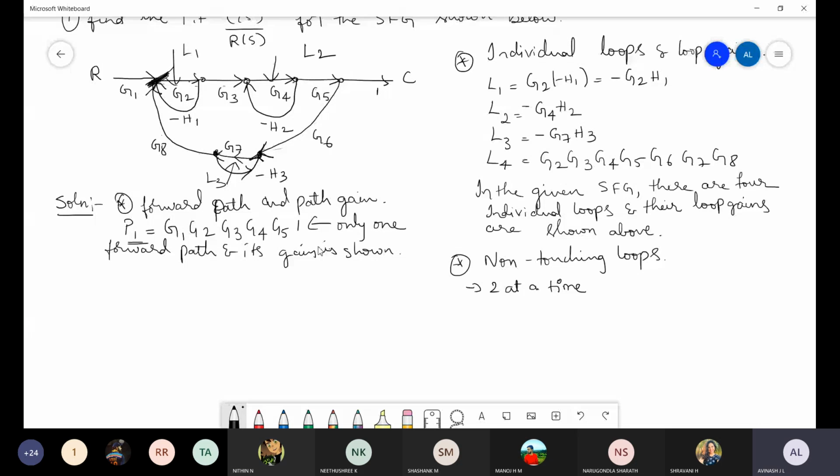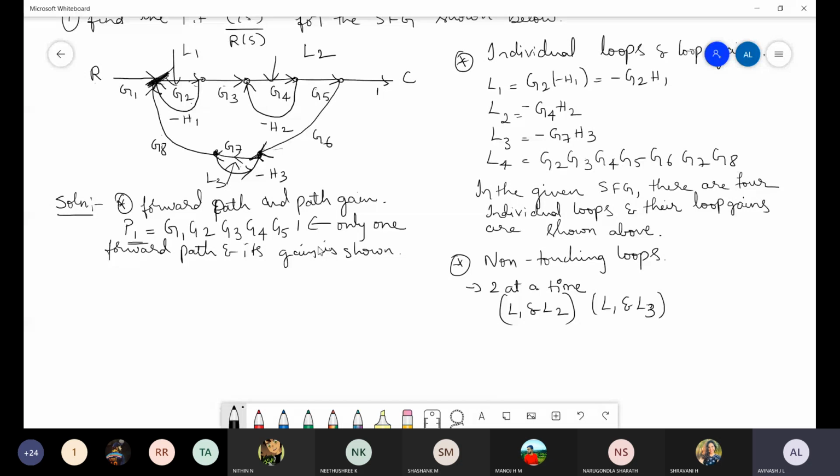Because whatever nodes and branches are there, those are isolated from one another. So taken two at a time, the pair L1 and L2 is one pair, correct? L1, L3 we'll see. L1 is here and L3 is here. Are they touching each other? No, sir. L1 and L3 is also another pair.